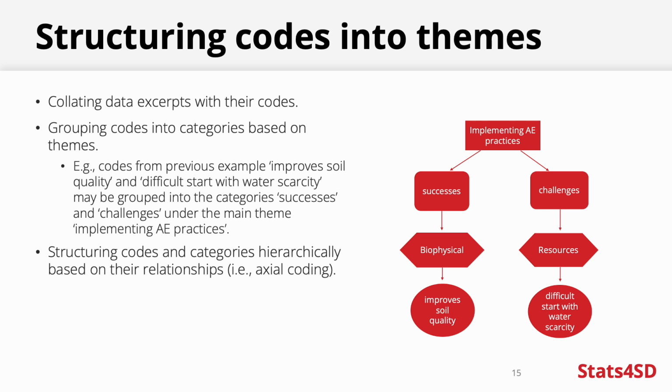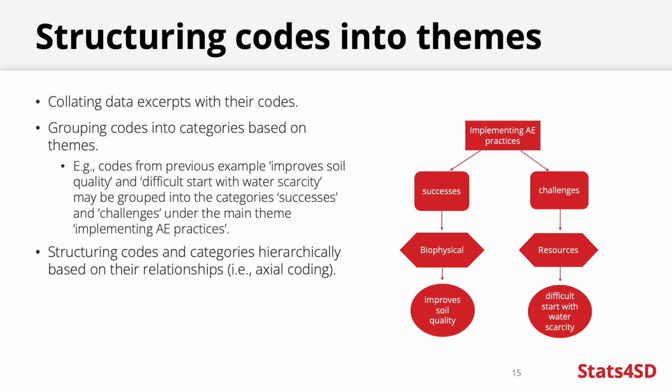The categories we have obtained, as briefly mentioned earlier when we looked at the coding approaches, will need to be structured based on their relationships. That is to say, the axial coding. This may require creating also main and subcategories or themes.